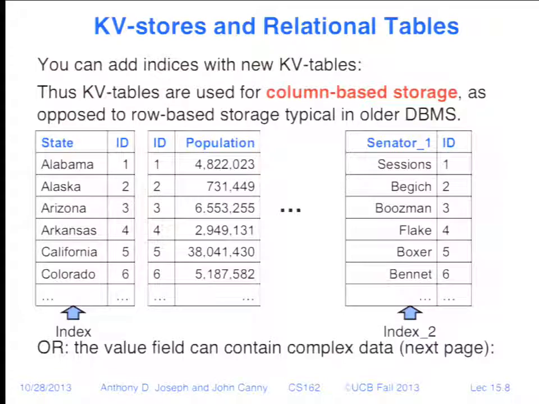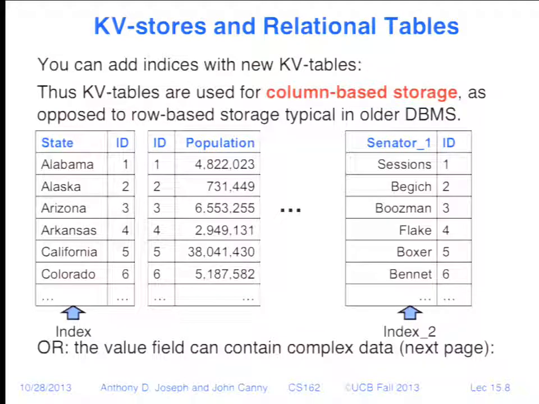So performance-wise, this gives you a column-based store, which contrasts with traditional databases that are normally stored row-based. All right, and the advantage of that is that a lot of databases, especially internet databases, will often have hundreds of columns, and a lot of queries will index just a couple of those.